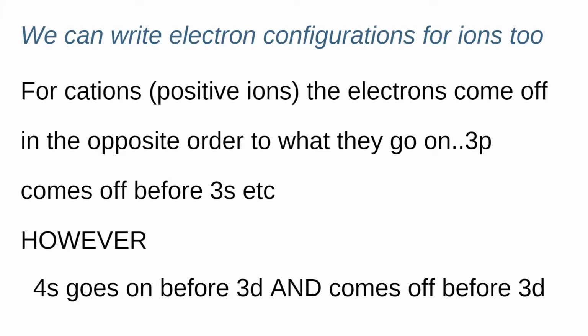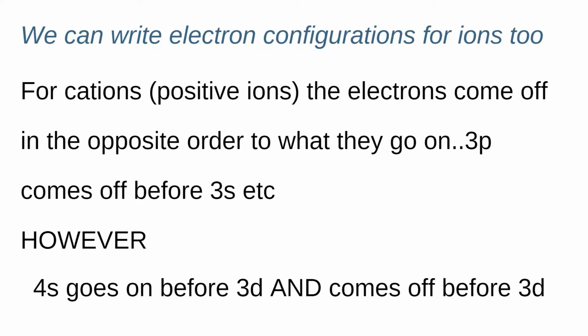And the reason for that is, even though the 3d orbital is generally higher energy, the 4s electrons are still in that 4th shell, so they come off first. So just remember, 4s goes on before 3d, but 4s comes off before 3d as well. So 4s is always first.